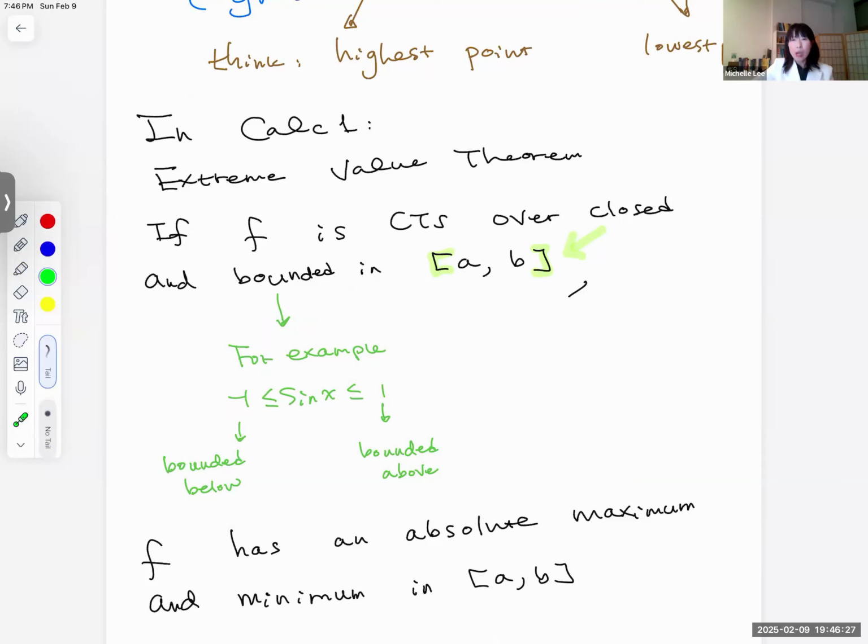That means we include those points. And bounded means, for example, sine x is bounded by -1 and +1. In other words, -1 is bounded below and +1 bounded above, right? So bounded. So it's like that, right?